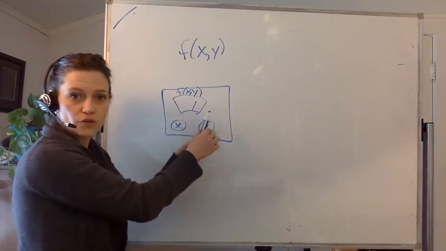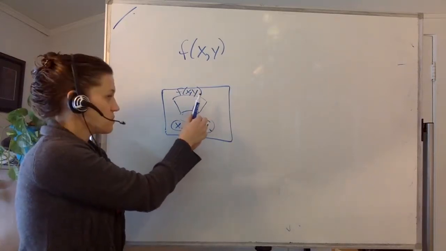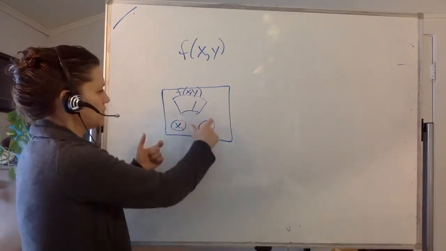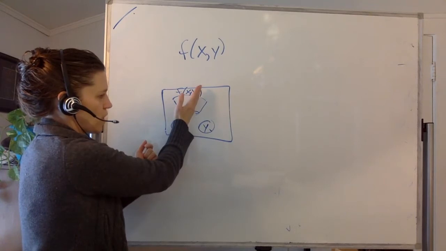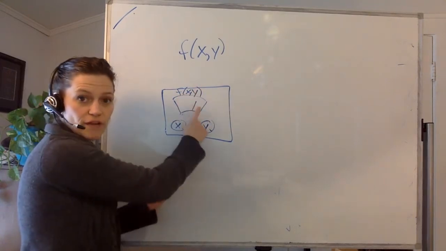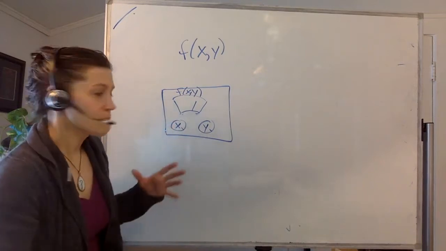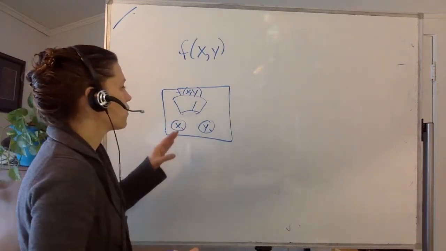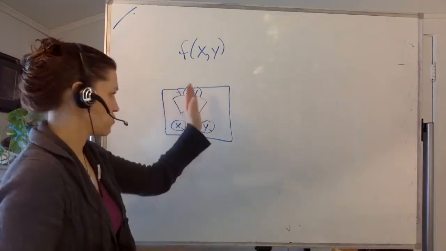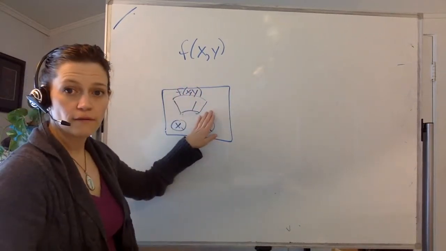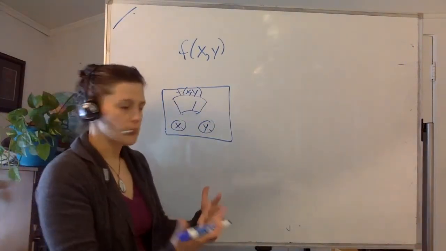If I then do a small change in y and this doesn't move at all, that tells me that a small change in y doesn't move f of x, y at all, so y doesn't really affect f of x, y as much as x does. Okay, so if I want to know how much does x change f of x, y without even changing y? I just want to know x by itself. Well, this is where partial derivatives come in.